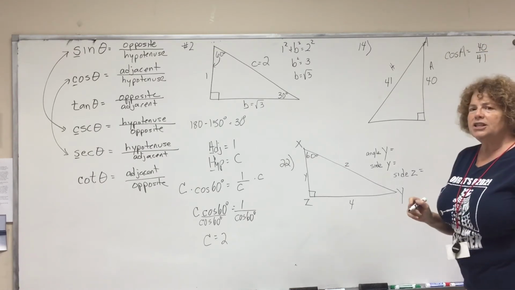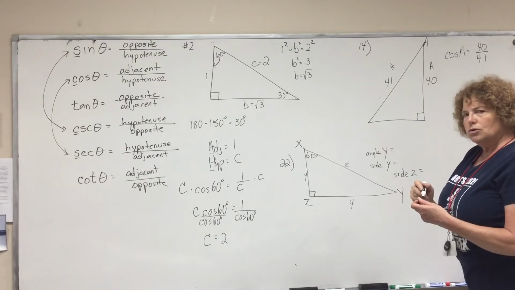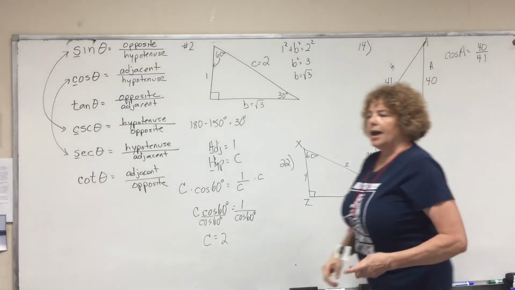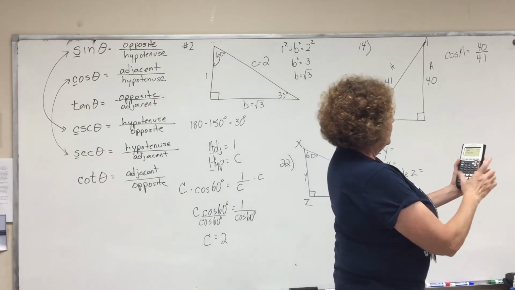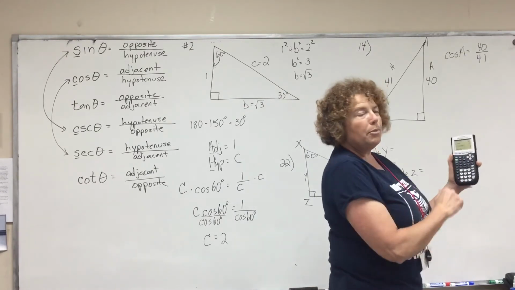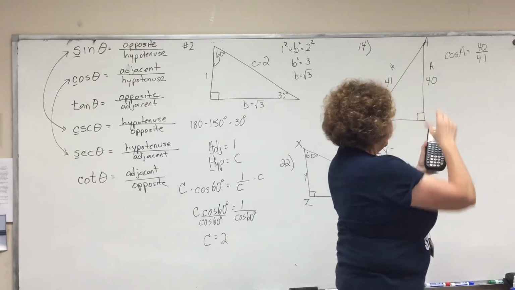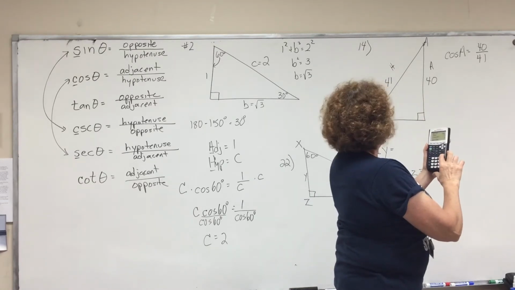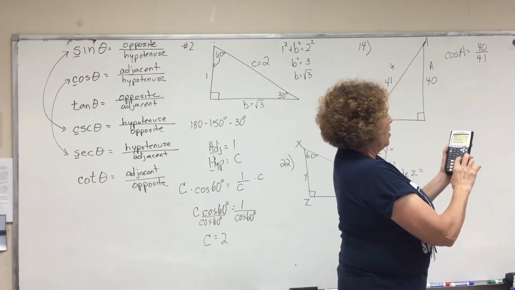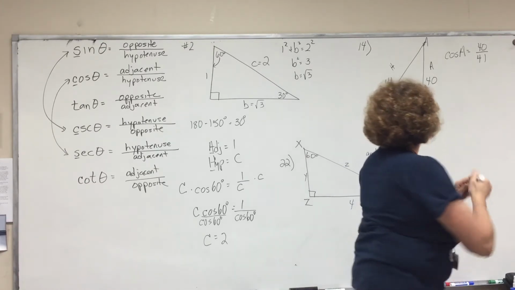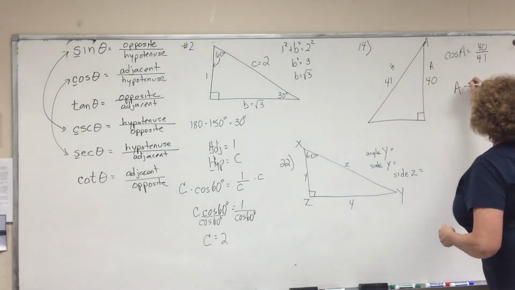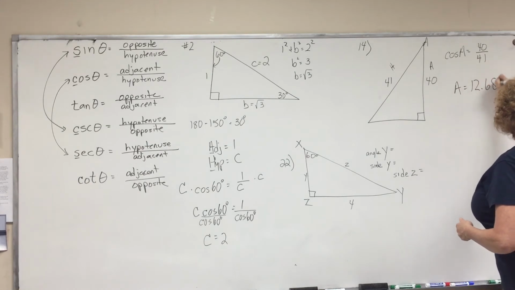Well, how do you punch that into your calculator? Well, you use your second button and punch in second cosine, and it'll come up with cosine to the negative 1, and then punch in 40 divided by 41, and you come up with 12.68 degrees. So A equals 12.68 degrees.